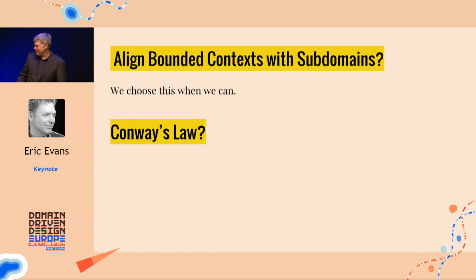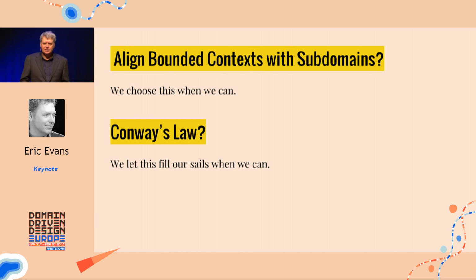And how about Conway's law? Certainly a big topic this week. And there's an obvious relationship between Conway's law and the concept of a bounded context, I think. And I want to talk about that in a minute. Here I'll just say, we want to set things up in a way that Conway's law is helping us, right?